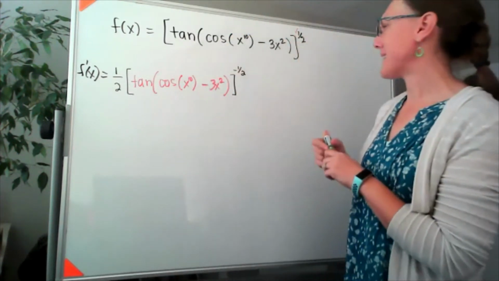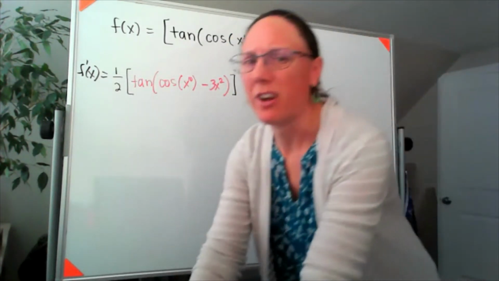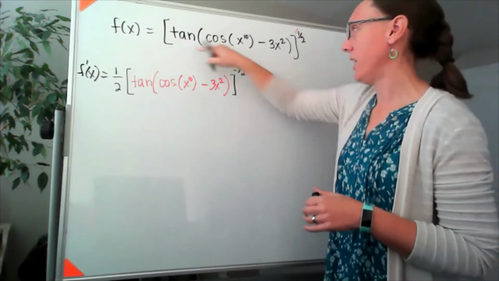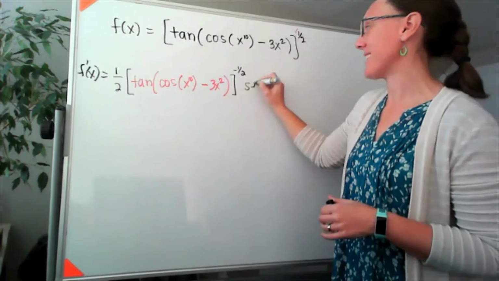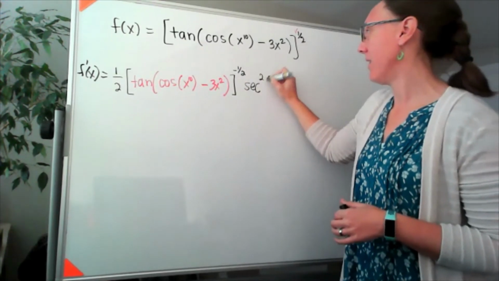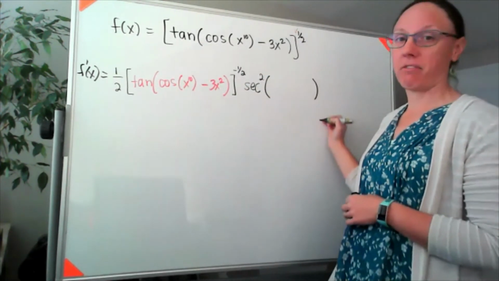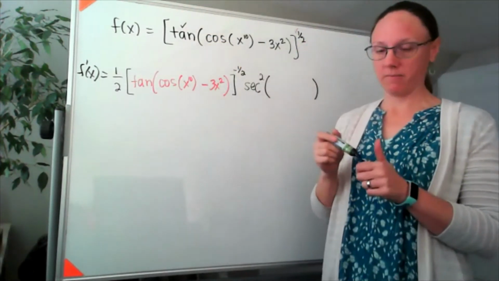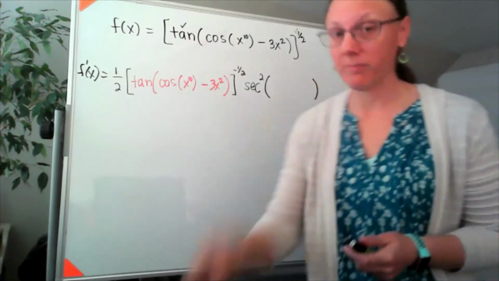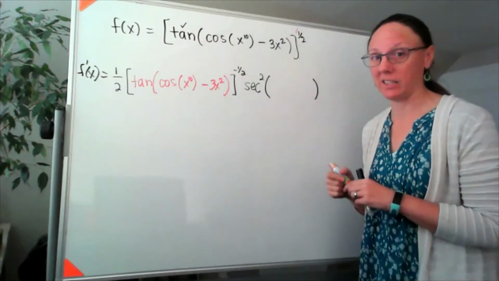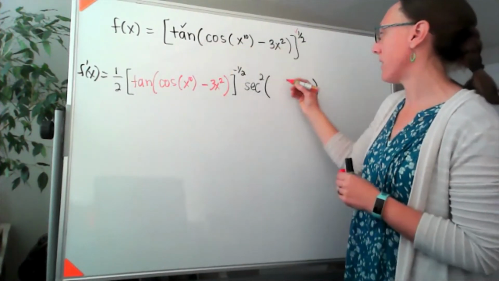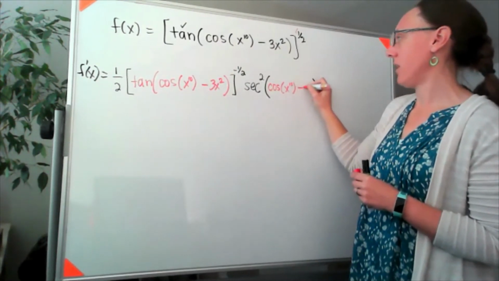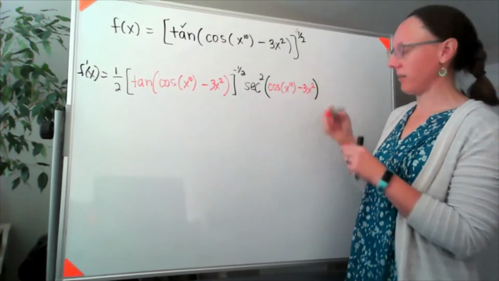The derivative of that tangent part is secant squared of the stuff. So I've now taken the derivative of the tangent. And I'm going to copy down the stuff that was inside of it, cosine of x to the 10th minus 3x squared.